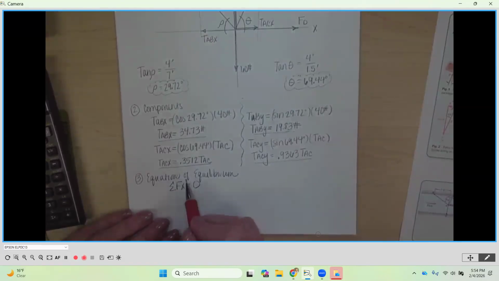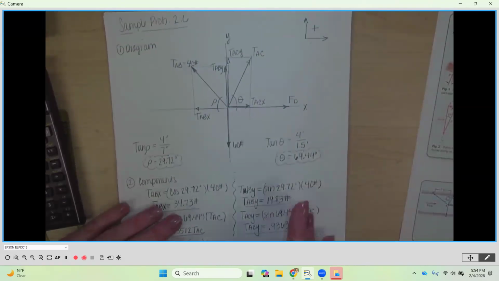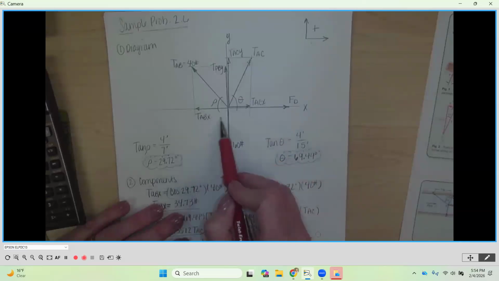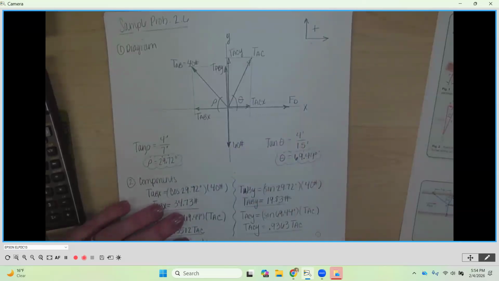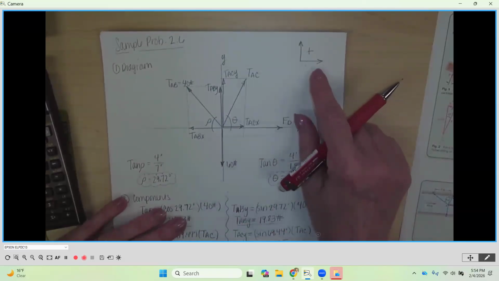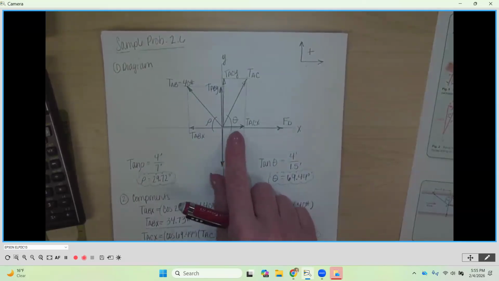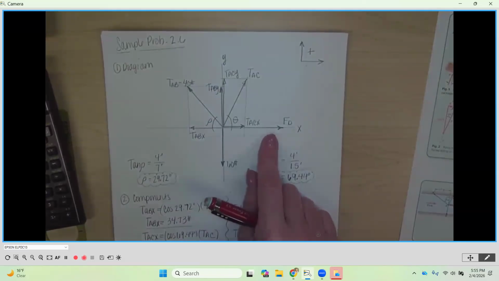Now, on the left-hand side, representing the sum of the forces in the X, we're going to look back up here at our diagram, and we are going to look at this X-axis, and identify the three forces that are on there. On that left-hand side, we're going to assign a positive or a negative depending on if they're pointing to the left or to the right. Starting on the right-hand side, we're going to have a positive TACX and a positive FD.